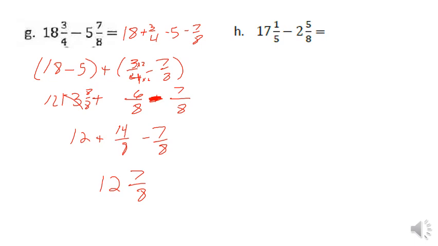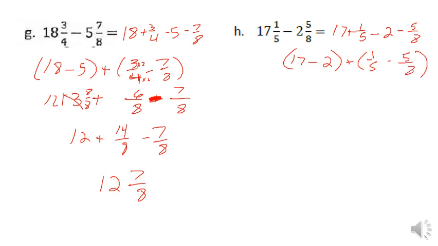Under H, we're going to end up with 17 plus 1/5 minus 2 minus 5/8. So now we got 17 minus 2 plus 1/5 minus 5/8. So we end up with 15 plus, and we're going to redo these.